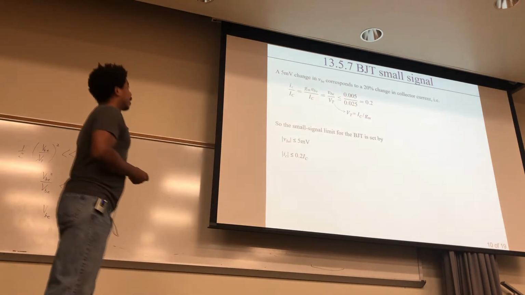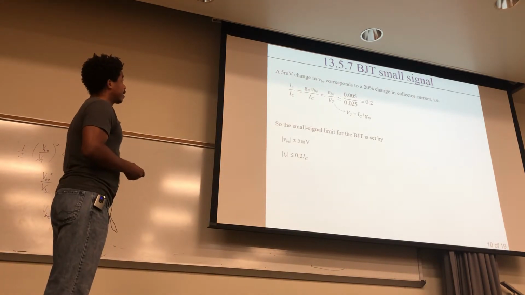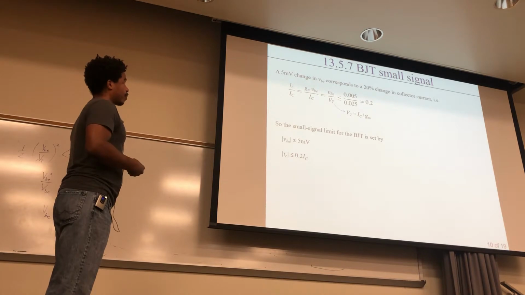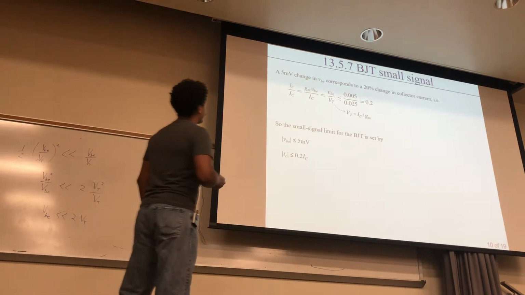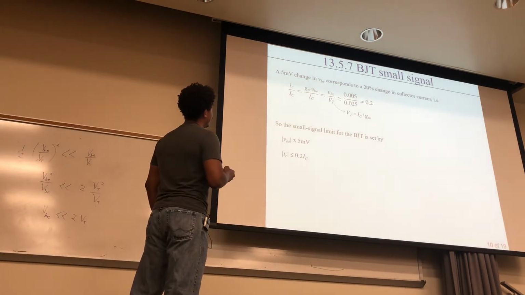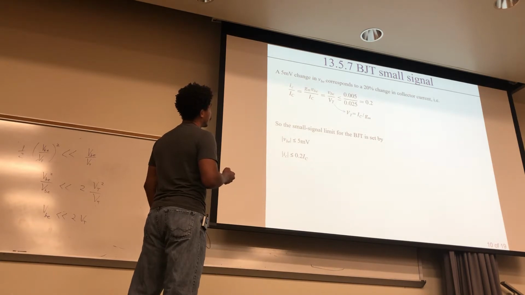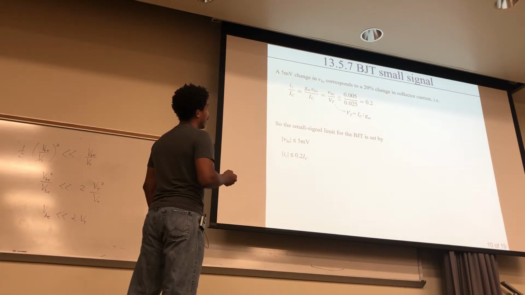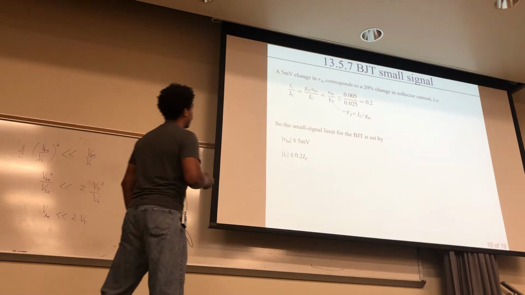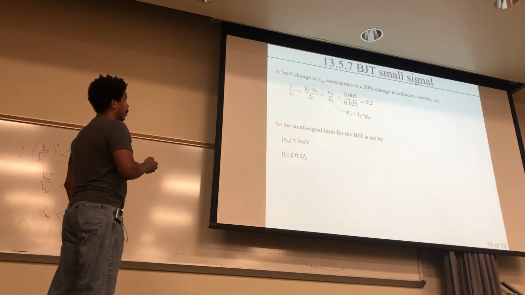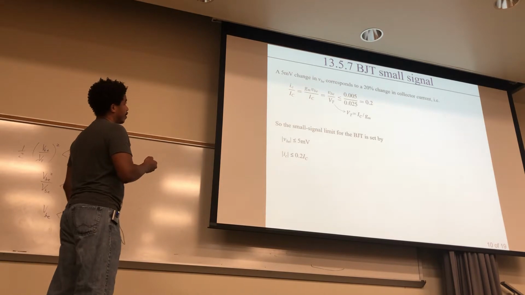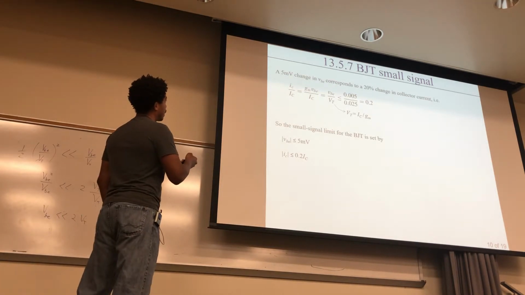Now, for IC, we can extract what that needs to be. For a 5 millivolt change in VBE, that corresponds to a 20% change in the collector current. You just look at the ratio right here, the small-signal ic over this IC. The small-signal ic is your transconductance times your VBE. We know what this is, this is going to be 5 millivolts.